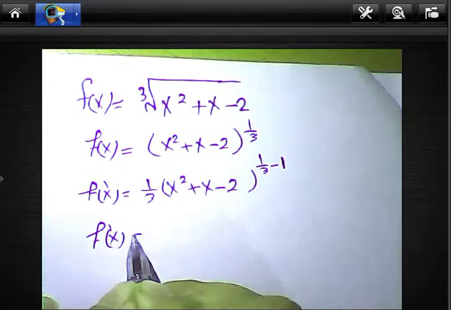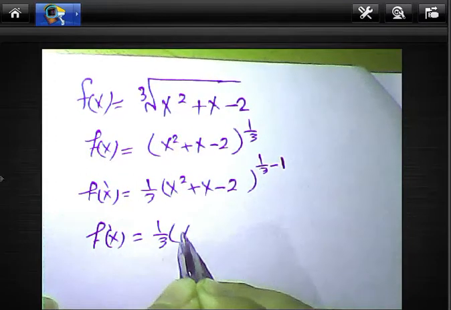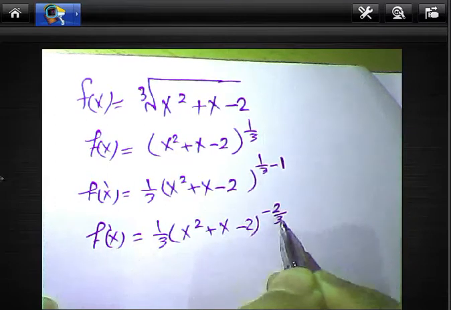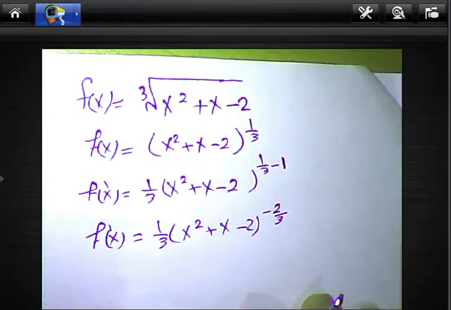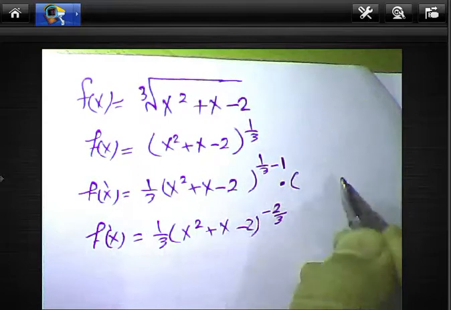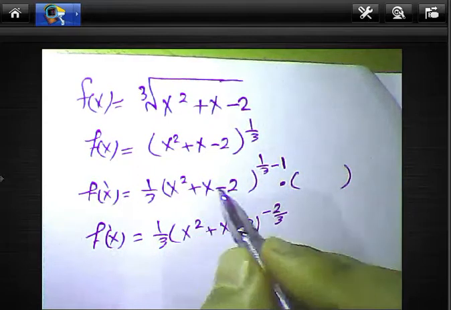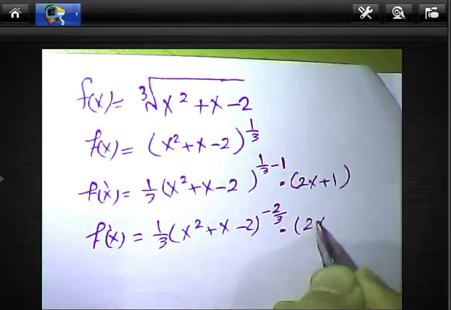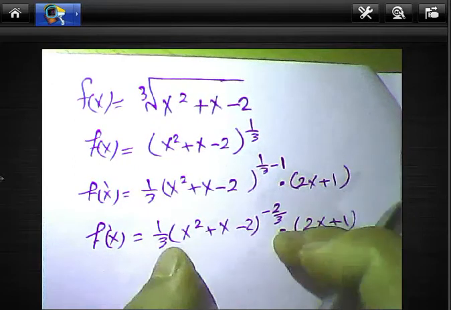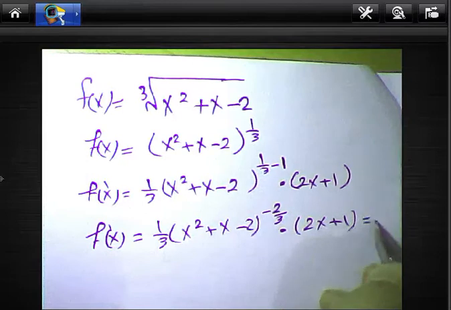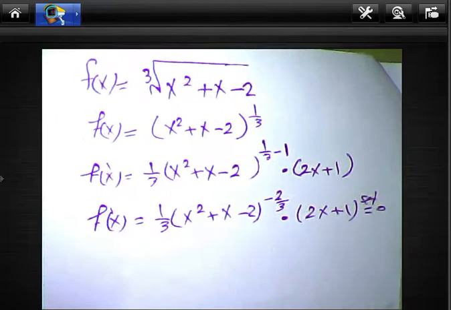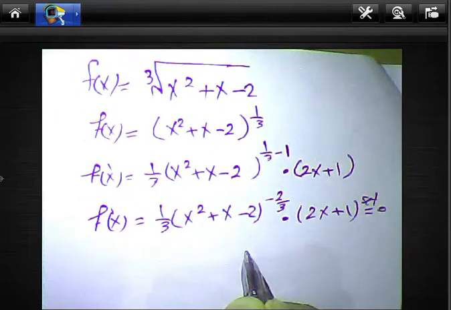Then f dash of x equals 1 over 3 multiplied by x squared plus x minus 2, to the power negative 2 over 3. Okay, and we multiply by the derivative of the function. The result will be 2x plus 1. This expression must be equal to 0, so set this function equal to 0.